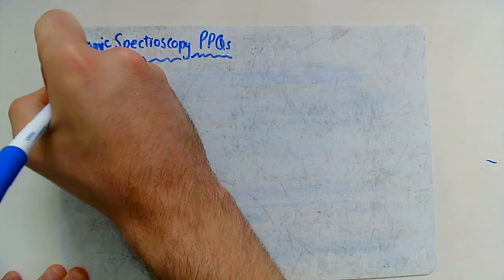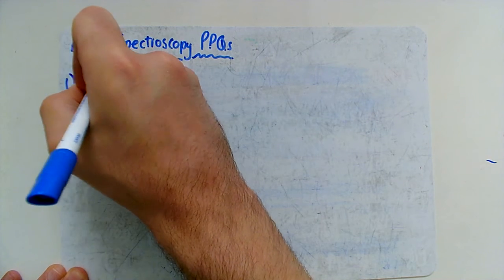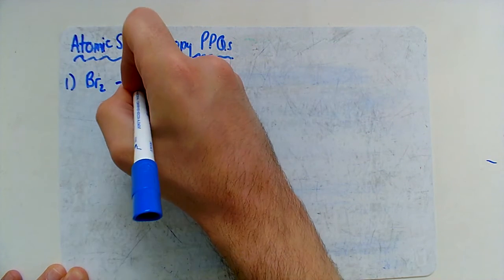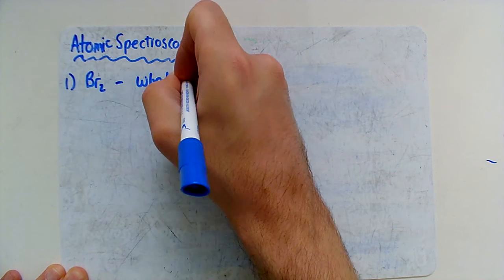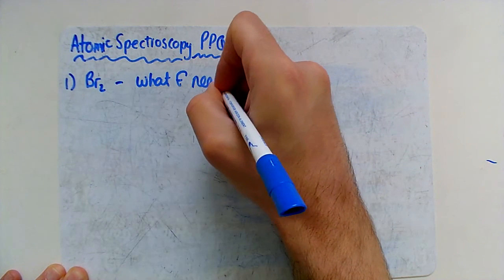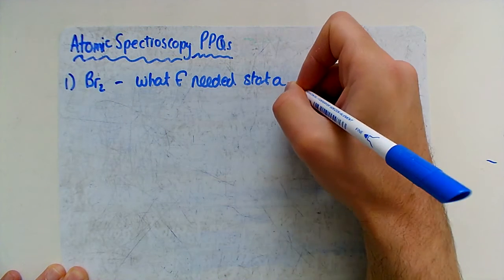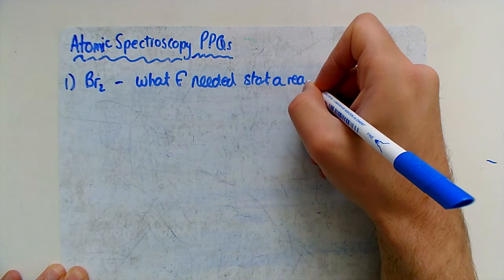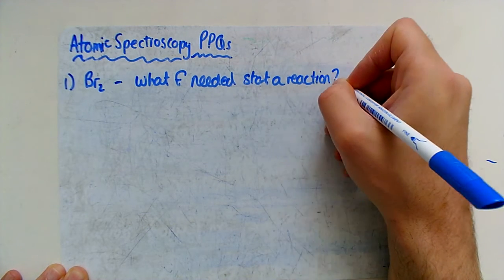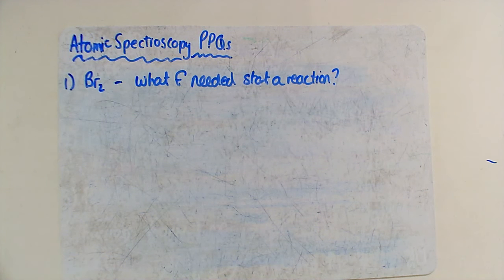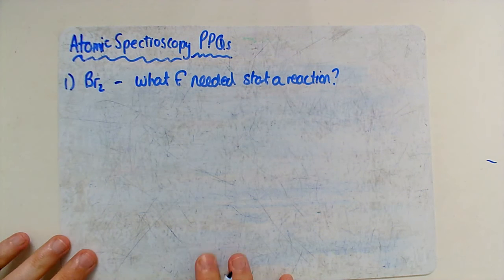So the first question I gave you focused on bromine, and it asked what frequency was needed to start a reaction. And you were told to use the data booklet to help with this.